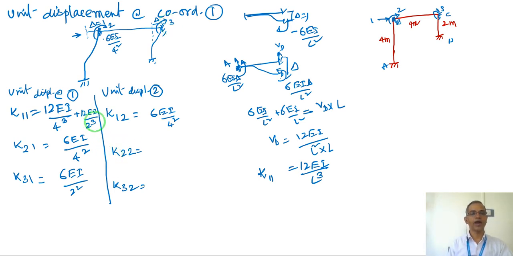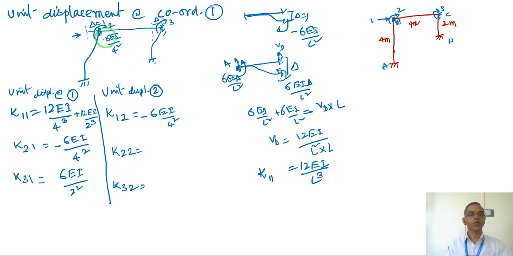So I need to add the resistance for the second column also. Since this displacement is right hand side downward, which is taken as minus 6 EI by L square, I have to take minus, this also minus.